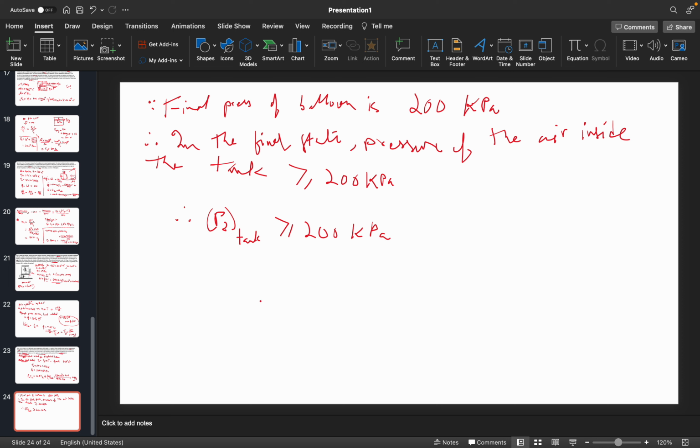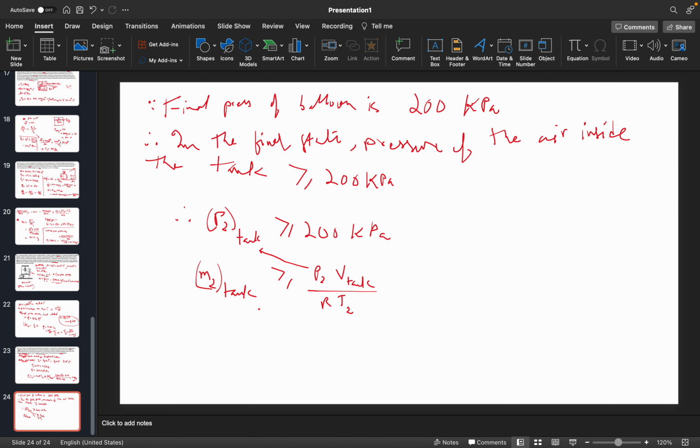Now the mass of the air inside the tank in the second state should be greater than or equal to P2 into V of tank, the volume of the tank, by R into T2. Remember this T2 for the tank and for the balloon is the same. This P2 is this P2.